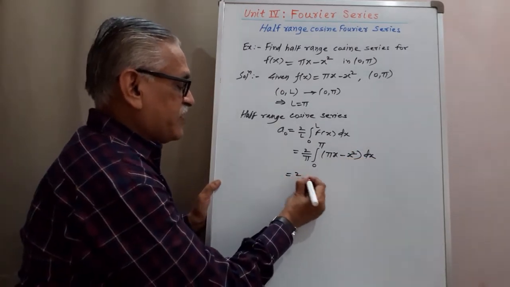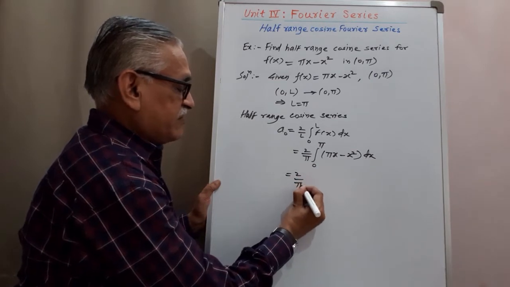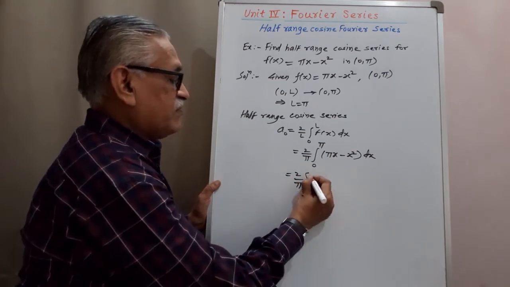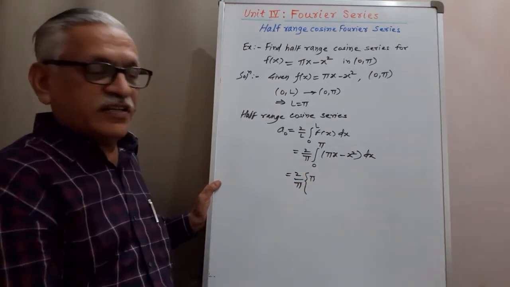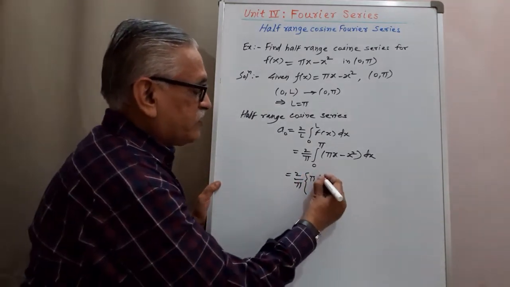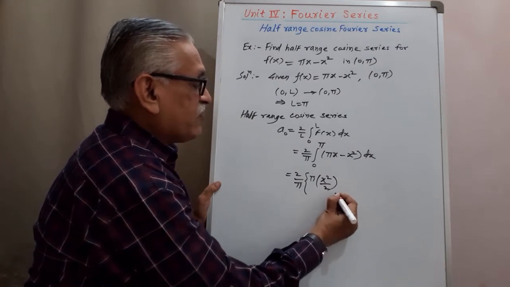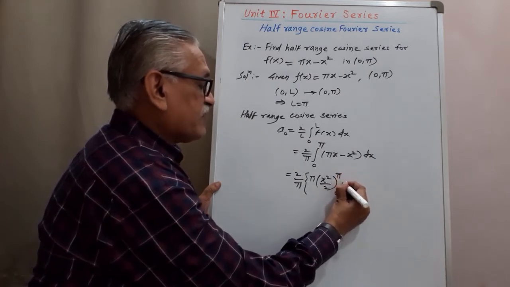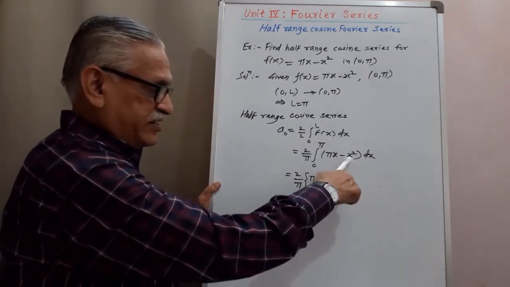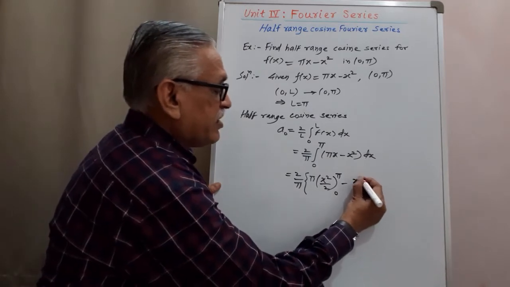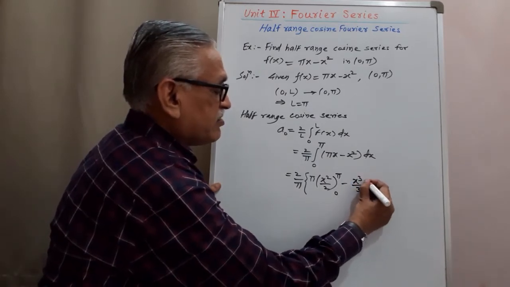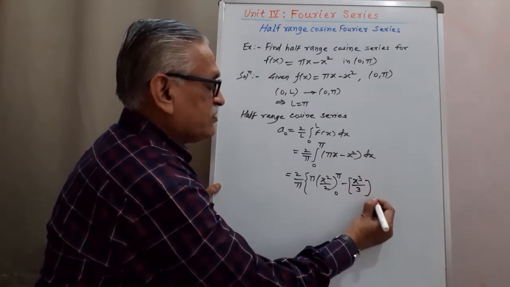Integrating each term with respect to x, we get pi constant outside. Integration of x is x square by 2 and limit from 0 to pi, minus integration of x square is x cube by 3 and limit from 0 to pi.